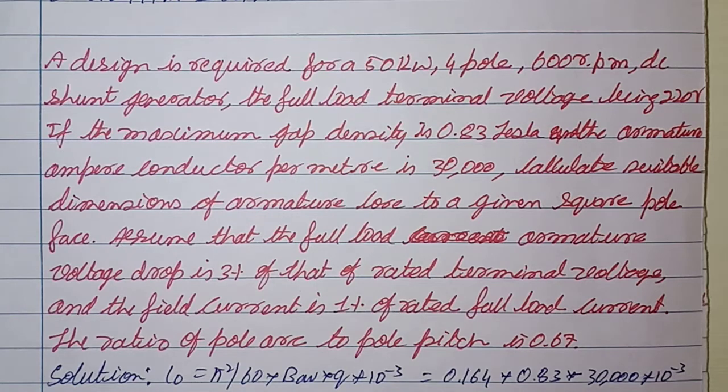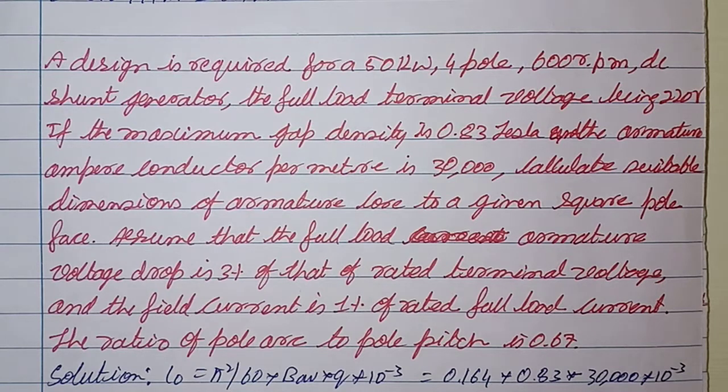A design is required for a 50 kilowatt, 4 pole, 600 rpm DC shunt generator, the full load terminal voltage being 220 volt. If the maximum gap density is 0.83 Tesla and the armature ampere conductor per meter is 30,000, calculate the suitable dimensions for the armature core for a given square pole face.